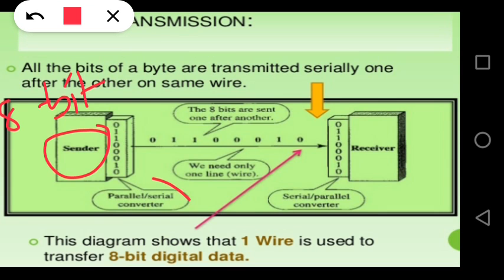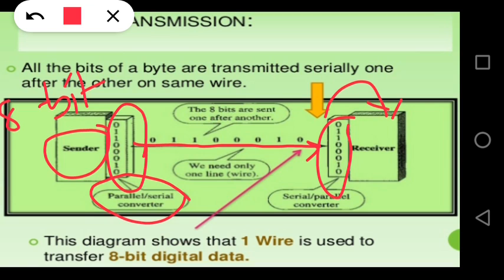This parallel to serial converter sends one bit after another, and here the serial to parallel converter accumulates all the 8 bits and sends them to the receiver. So this diagram shows that one wire is used to transfer 8-bit digital data.